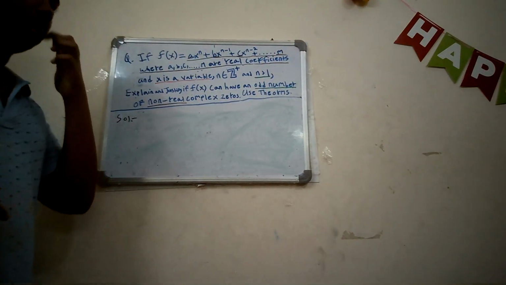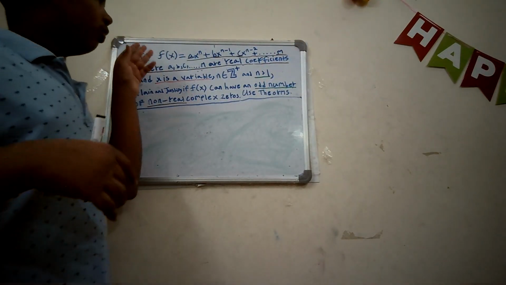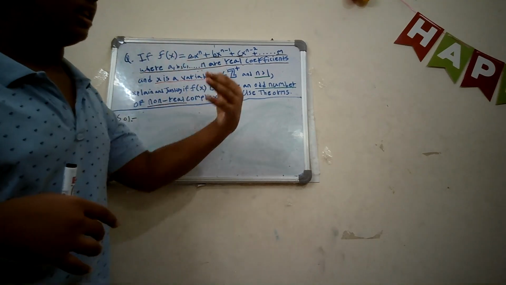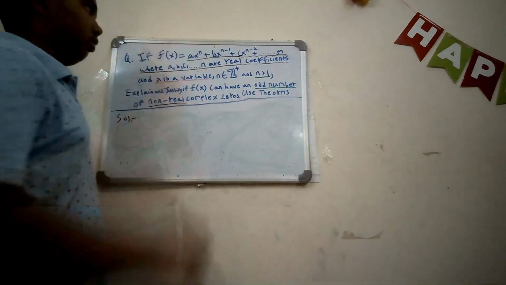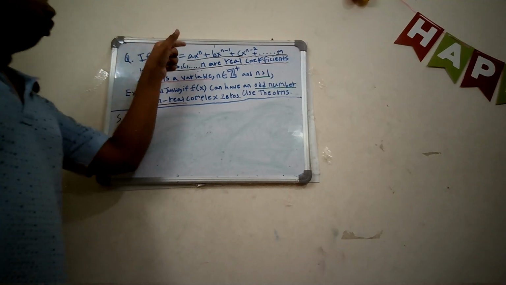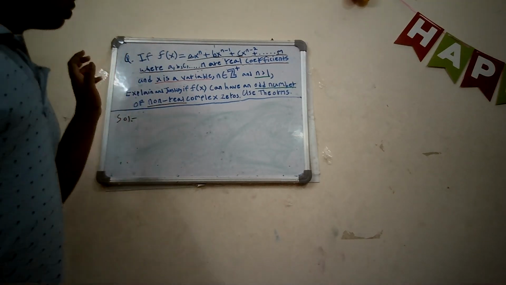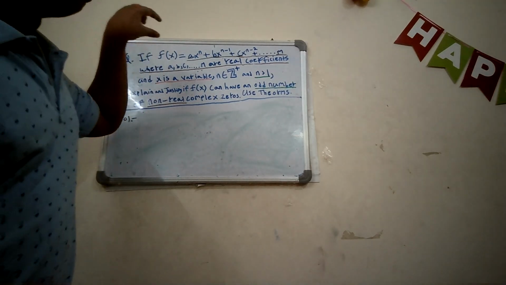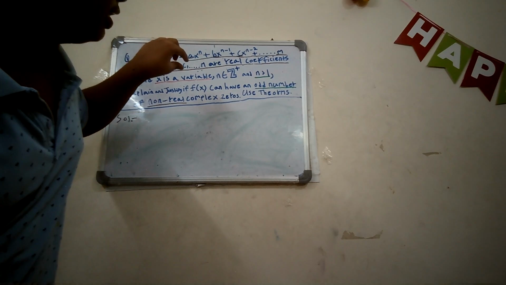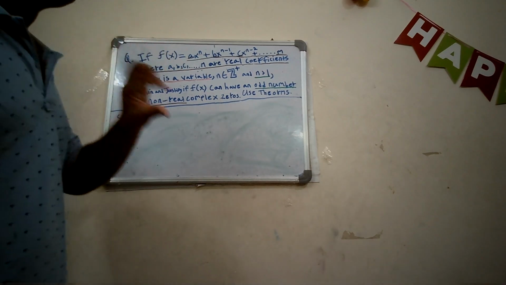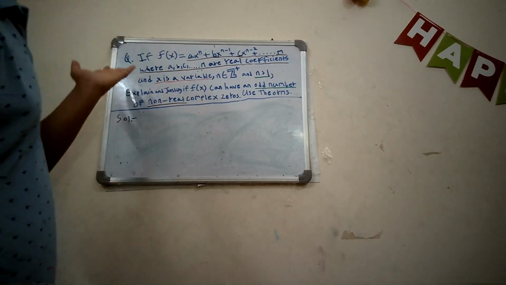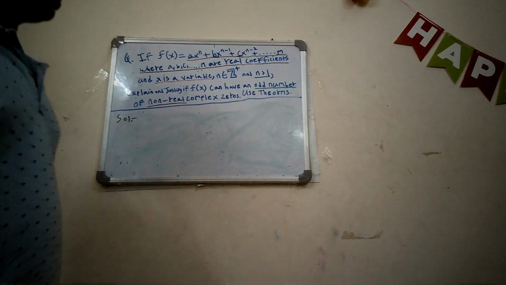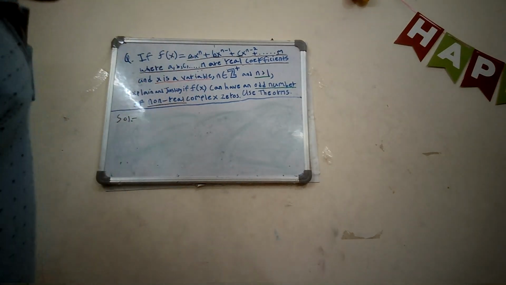This is not meant to go in alphabetical order. These are just variables, like coefficients. So all values from ax to the n plus bx to the n minus 1 plus cx to the n minus 2, going all the way down to a constant. Okay, we don't know what n is yet. We're just given a general polynomial.